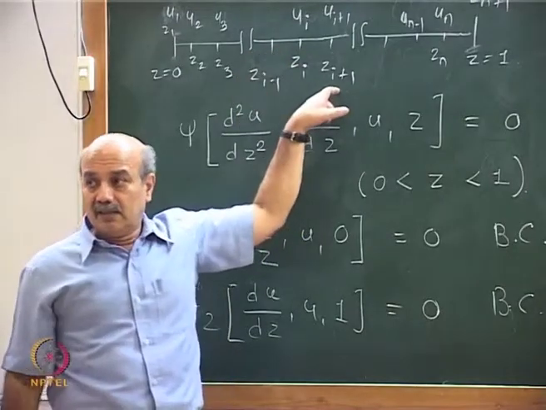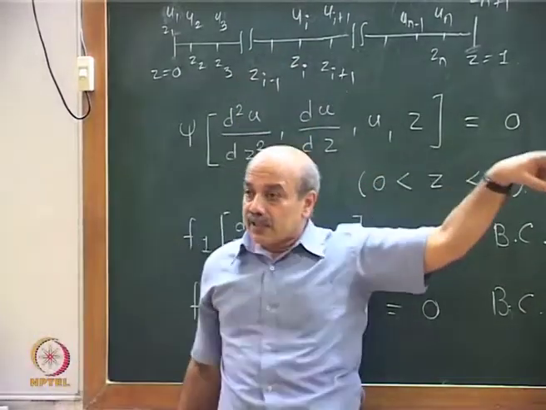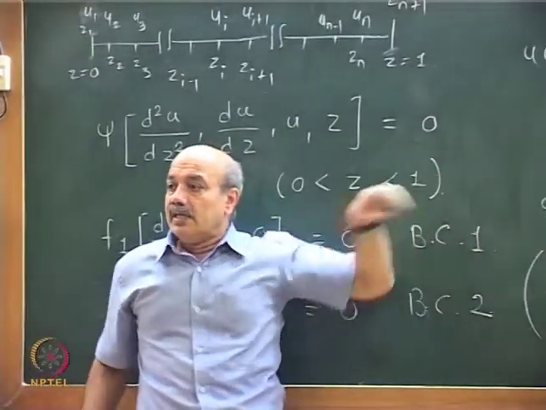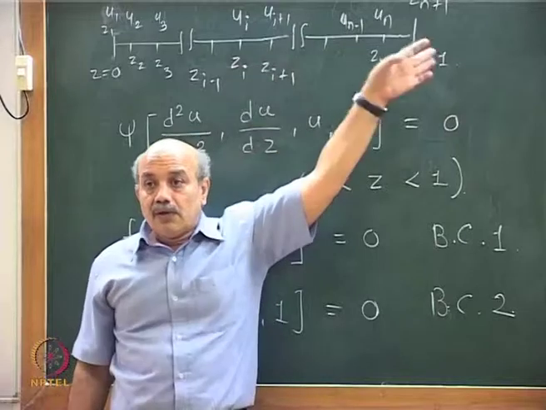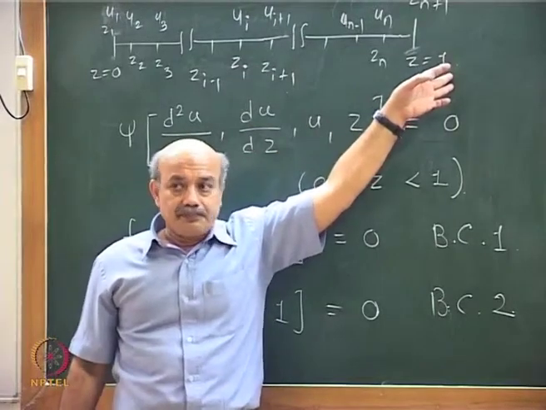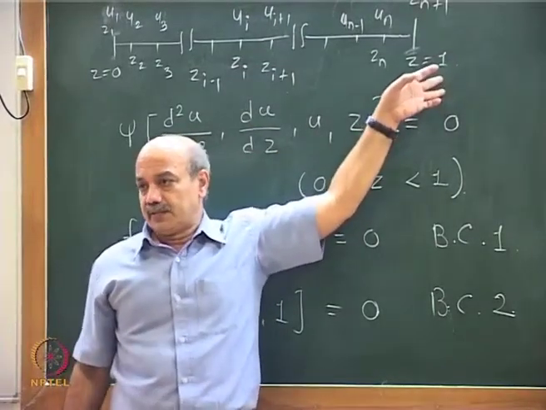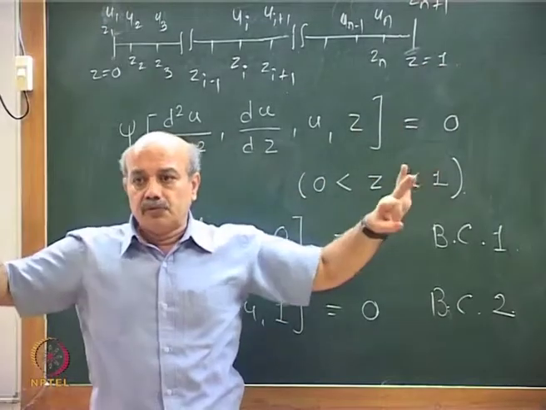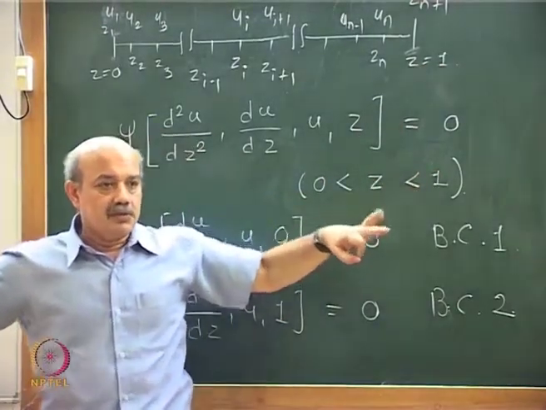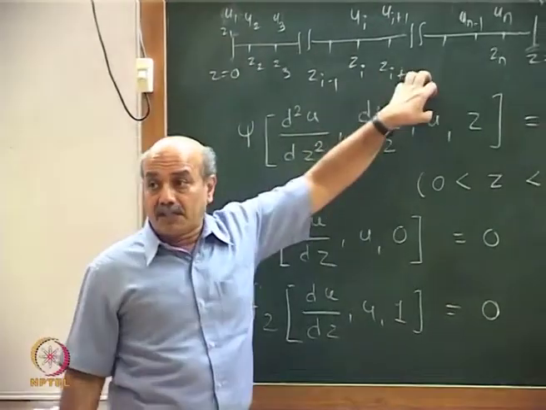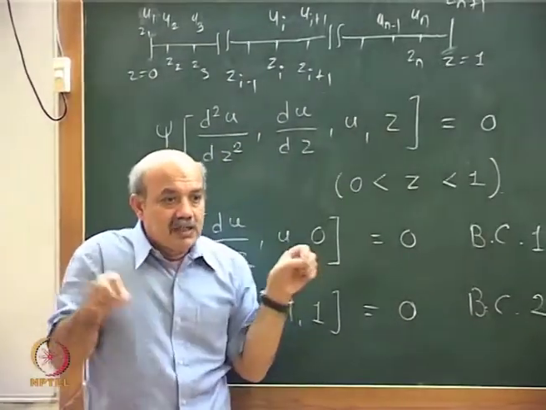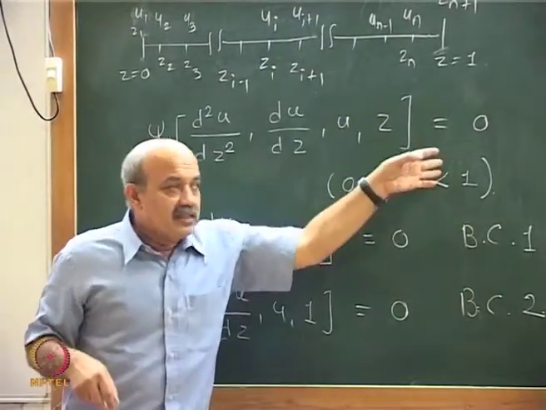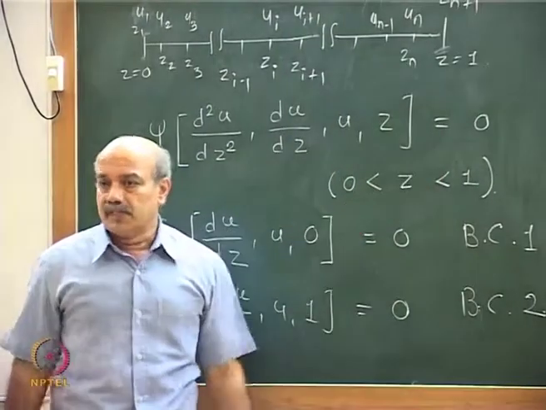Whereas here the first derivative or the second derivative is a linear combination of the entire u1 to un. So this is the main difference. Everything comes into the picture. So this is a much better way of finding the derivative than taking a local derivative. And now we are going to use this to formulate the problem.